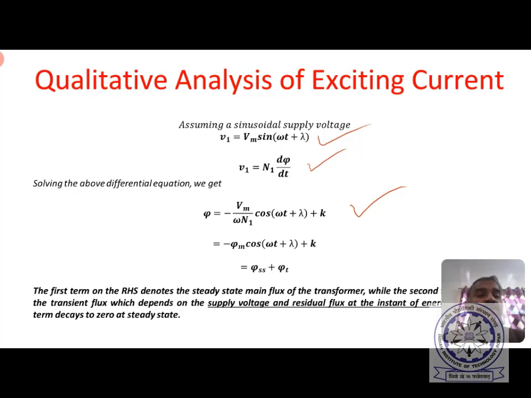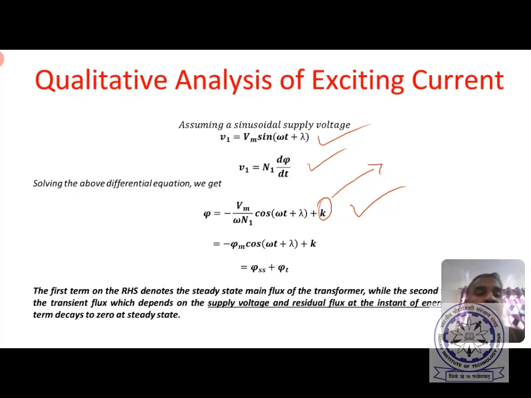Here we have ignored the lossy component of the voltage drop. If we include that, k will actually be a function of time, decaying with time. At t equal to 0, k will have a certain value, and then as time passes, that will diminish and become 0.